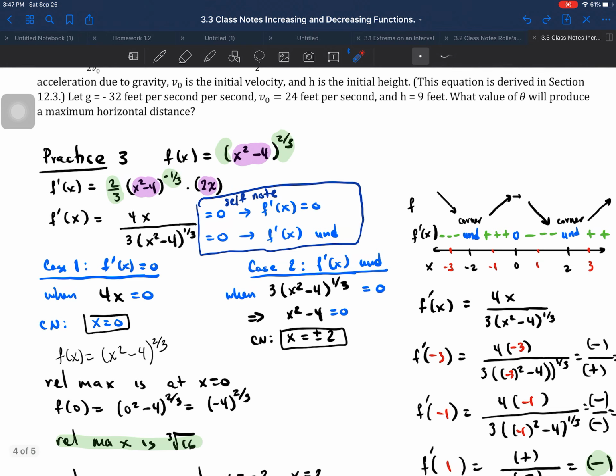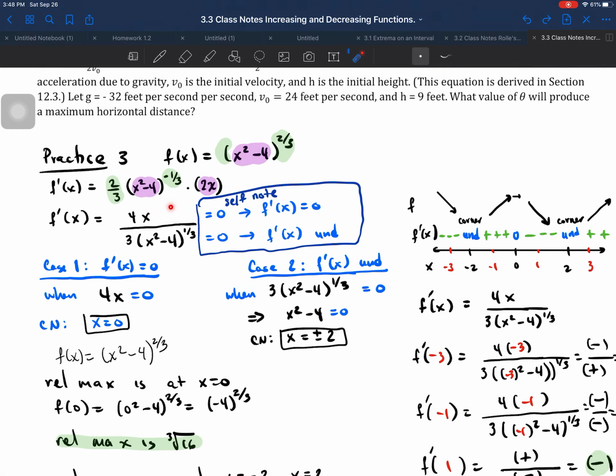The suggestion that I tell my students is, if you have the case where you have a fraction, a function over a function, then the derivative will be 0 whenever the numerator is 0, right?